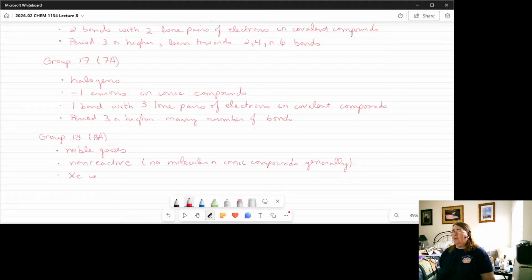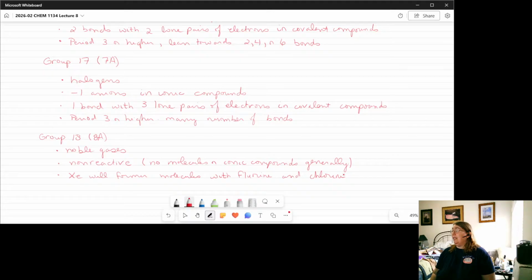Xenon will form molecules with fluorine and chlorine. These are highly reactive molecules, but they are used. Xenon tetrafluoride is a solid. They are used to actually halogenate organic compounds, so you will run across them in some labs.